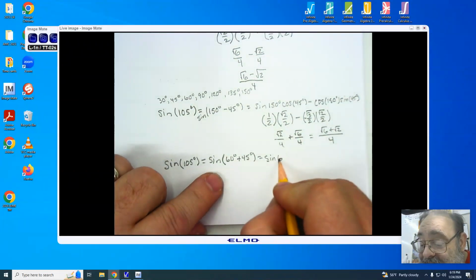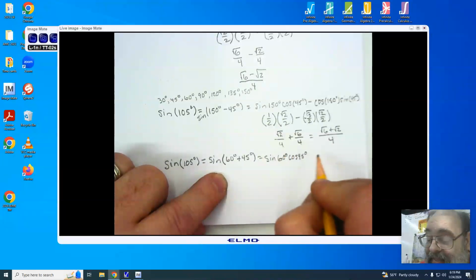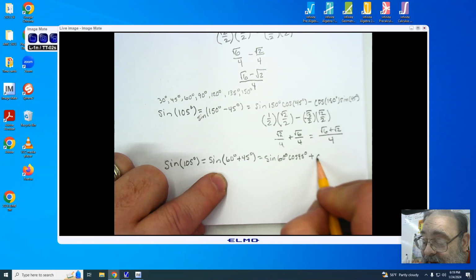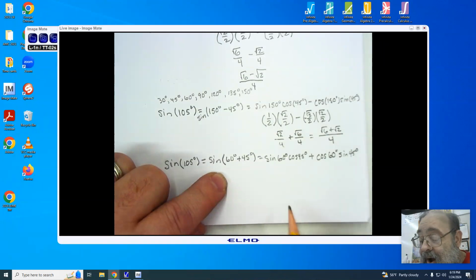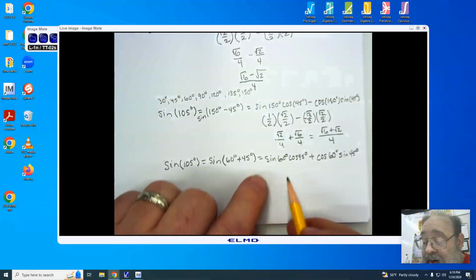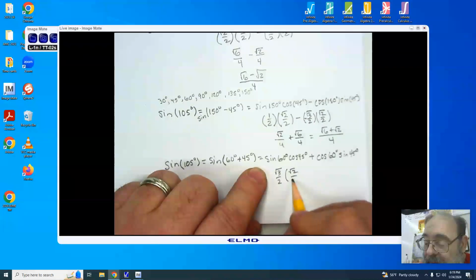So the sine of 60 degrees, cosine of 45 degrees, and then we have the plus cosine of 60 degrees, and then the sine of 45 degrees. Using our ratios, we know that the sine of 60 degrees is root 3 over 2. We know cosine is root 2 over 2.